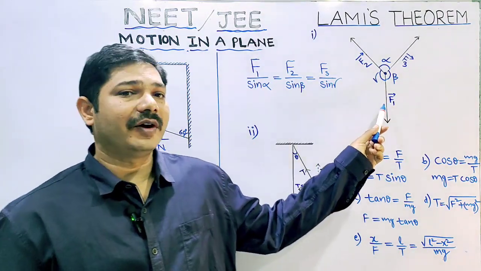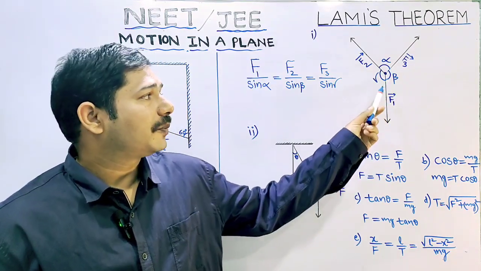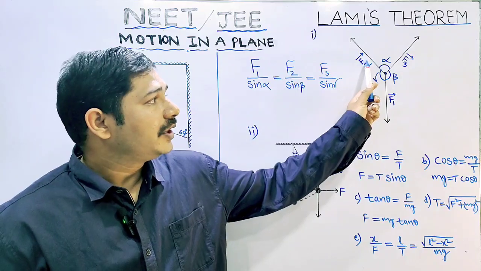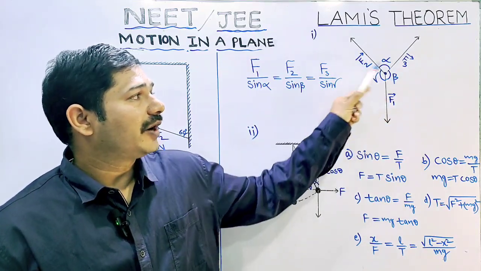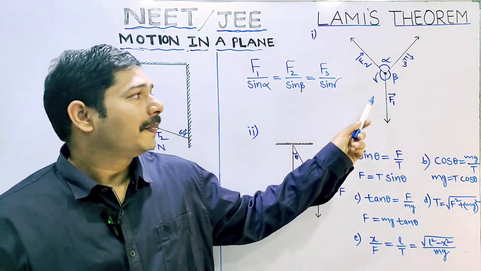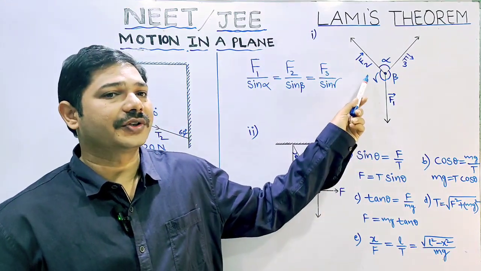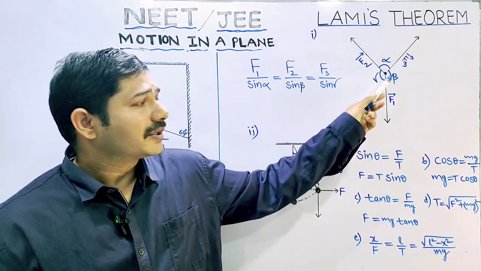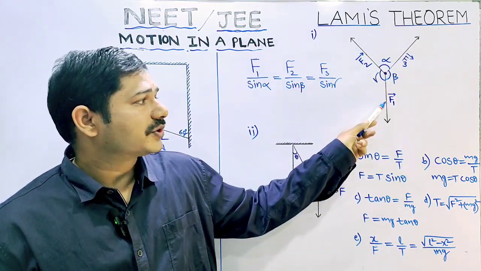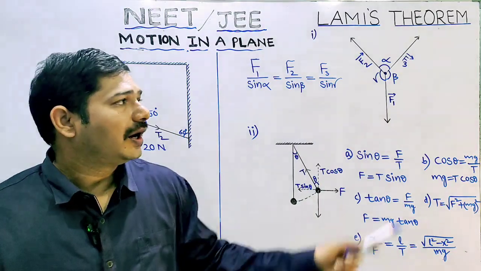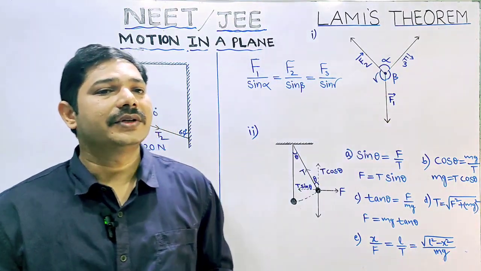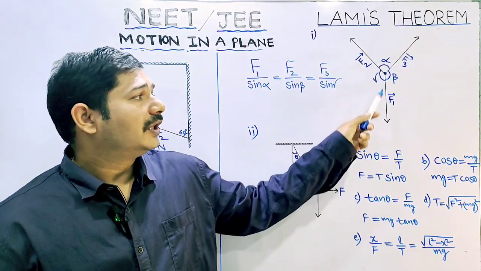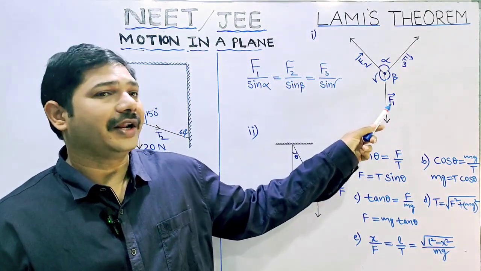For example, here the F1 force is proportional to the sine of the angle between the other two forces, F2 and F3, which you can observe here. Like that, the F2 force is proportional to the sine of the angle between the other two forces, F1 and F3.